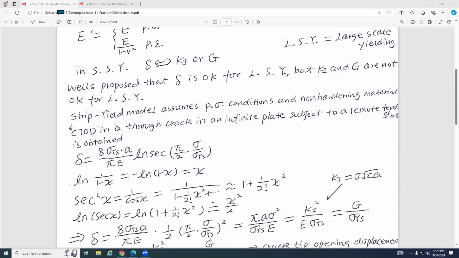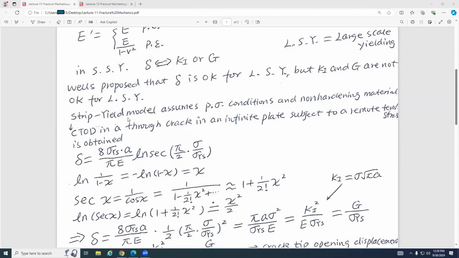Then we also learned the strip yield model. The strip yield model assumes the plastic stress condition and a non-hardening material. Non-hardening material means that the sigma ys is horizontal, right? This is no hardening.